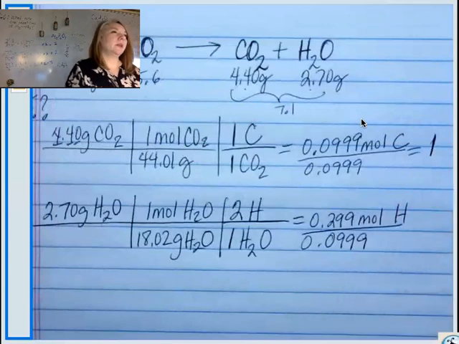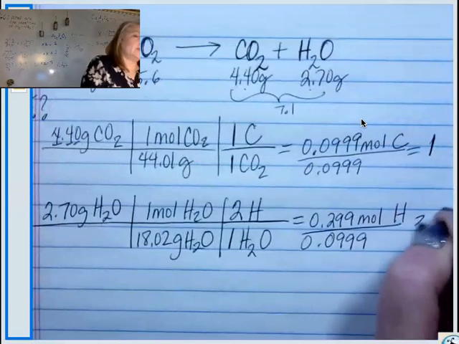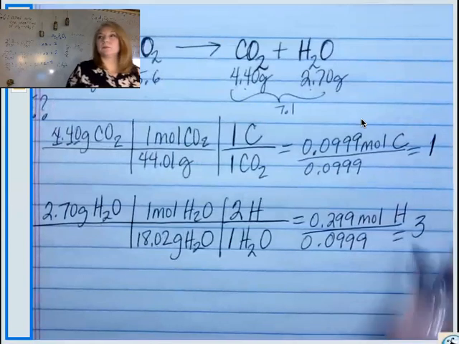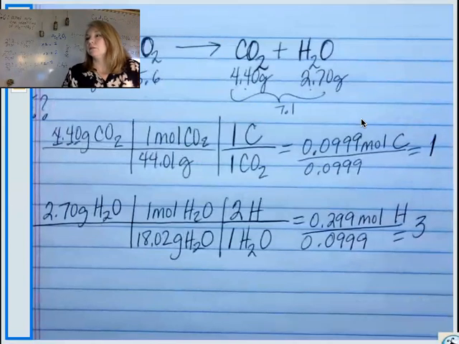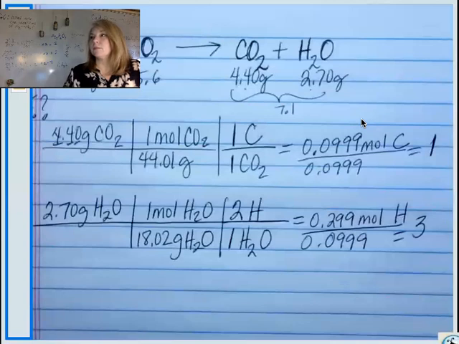But it's always good to check your work and make sure that it truly is a 1-to-3 ratio, just in case. So I believe we're going to get a 3 right there. Reagan, do you have a calculator now? Are you calculating with us? Okay, so our last step, write your formula. What's our formula going to look like?